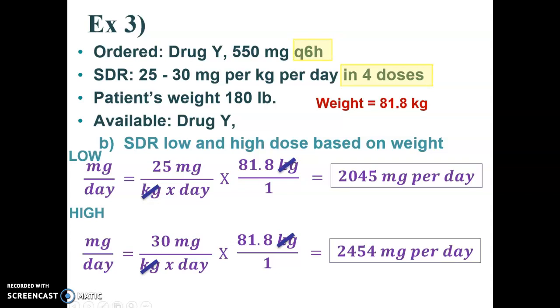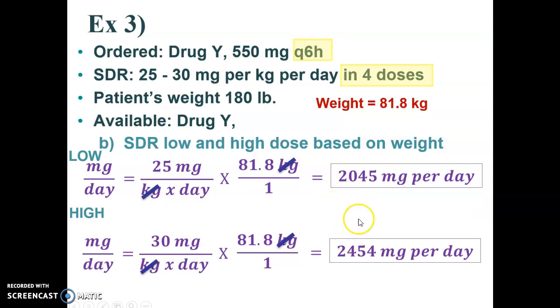Okay. So what this is telling us is our safe dosage range, the medication that the doctor has ordered, should be between 2,045 milligram per day and 2,454 milligram per day. If it's outside that range, it's not safe. Obviously if it goes over that 2,454, then we have a possible overdose.